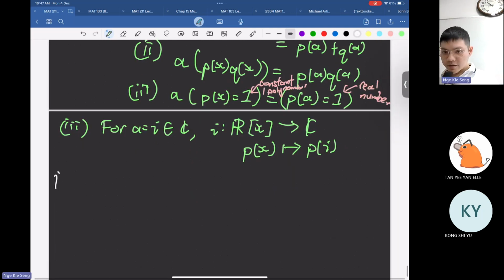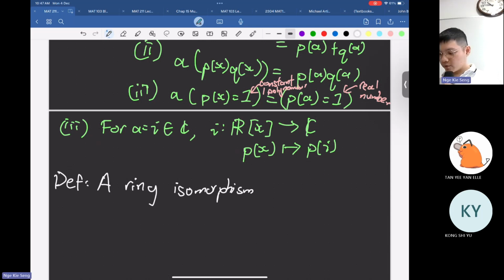Okay, next. What's a ring isomorphism? Can you guess? It is just a bijective ring homomorphism.